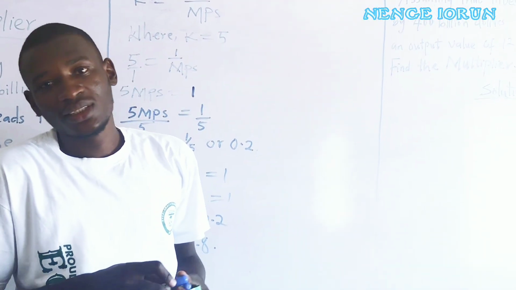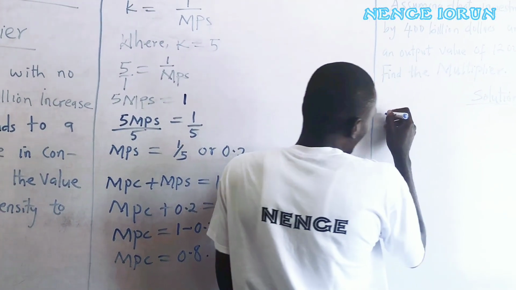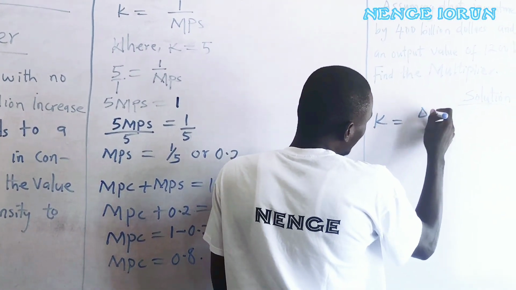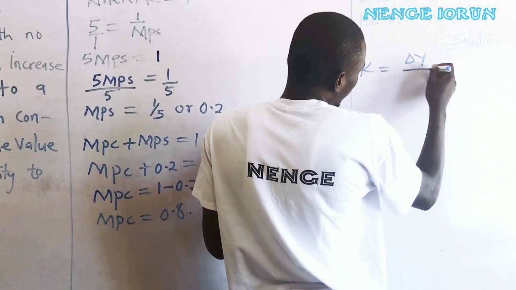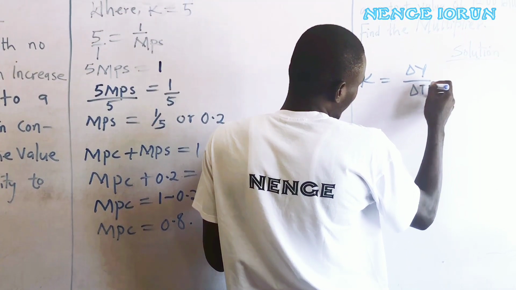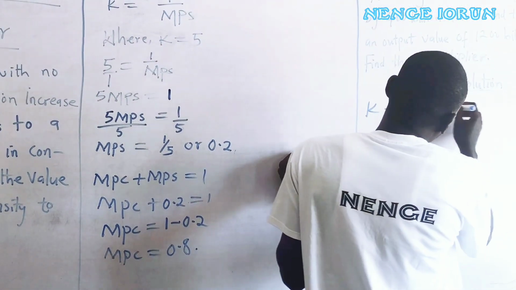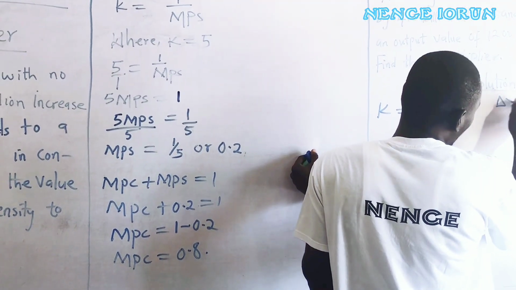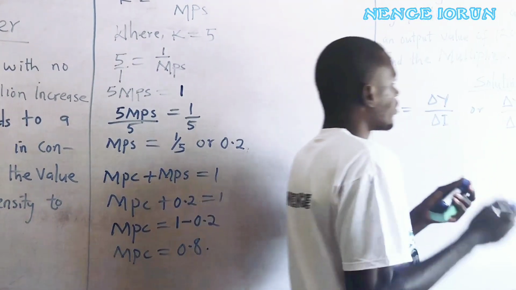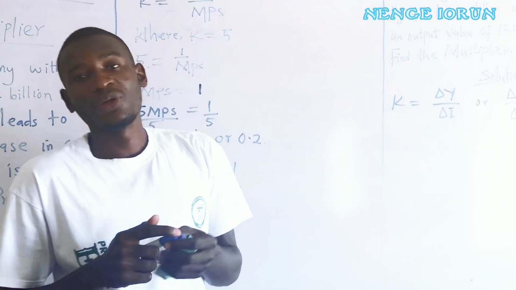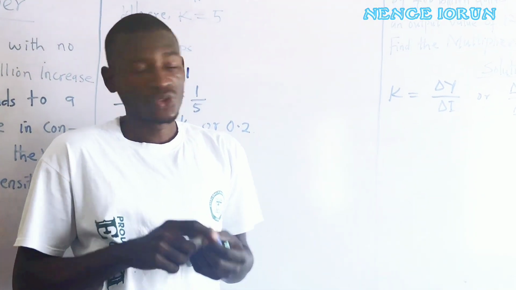The multiplier is K equals change in national income over change in investment. In some questions, you have change in national income over change in autonomous consumption. Based on the requirement of the question, you state the appropriate formula to solve.